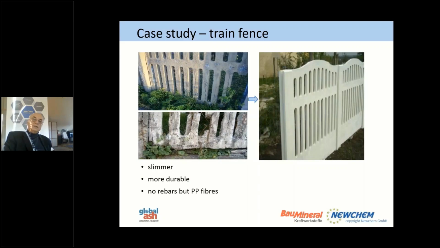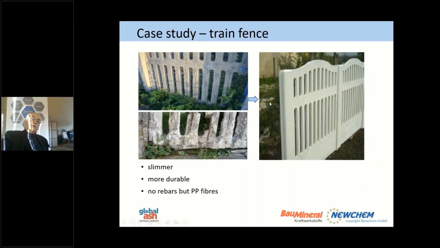And the problem there was that they were using standard concrete with steel rebars in there, which was quite heavy. And the overlay of the steel had to be quite strong. But still, as you can see, the fences were easily destroyed. These fences had to be laid down by a crane because they were very heavy, and you had to use a lot of trucks.